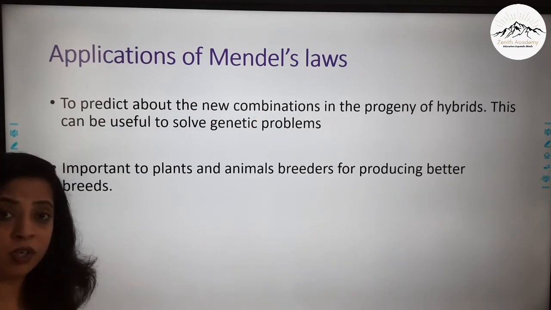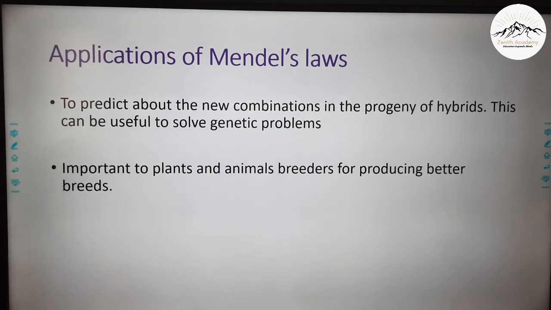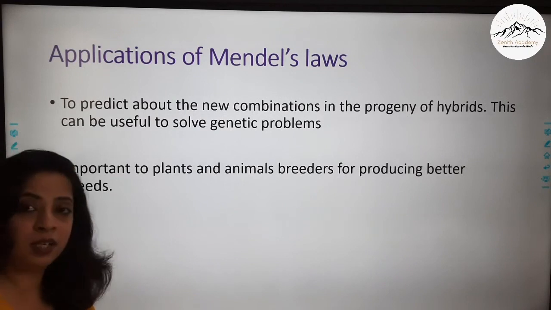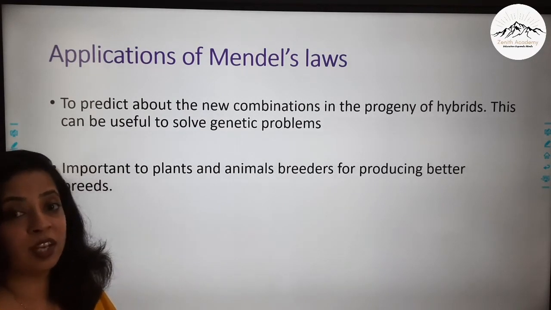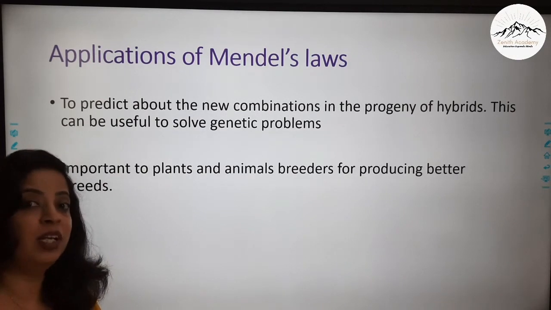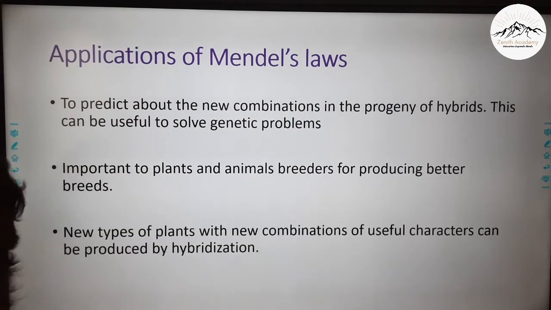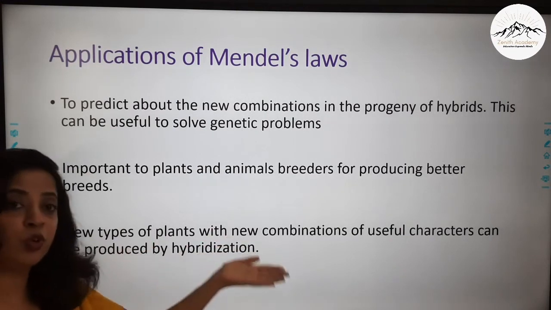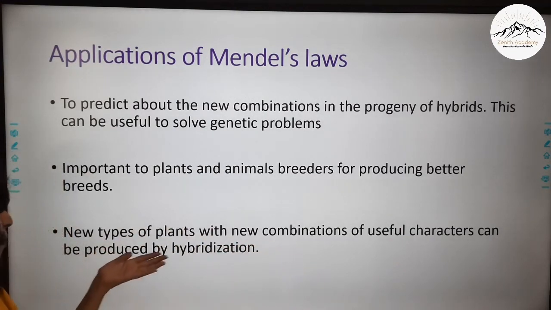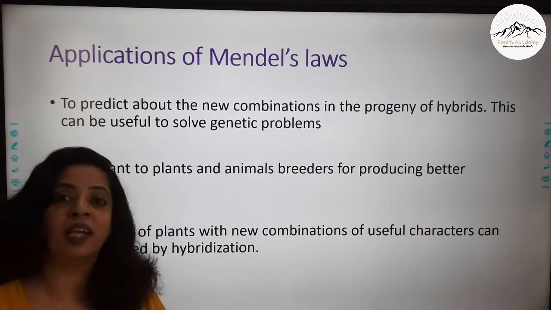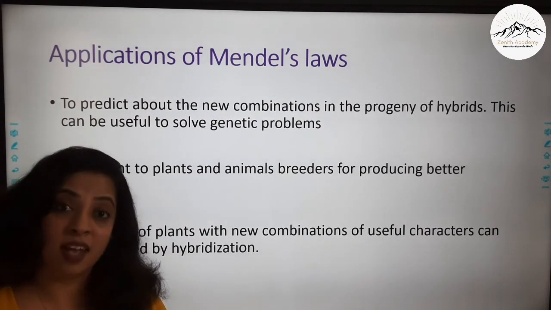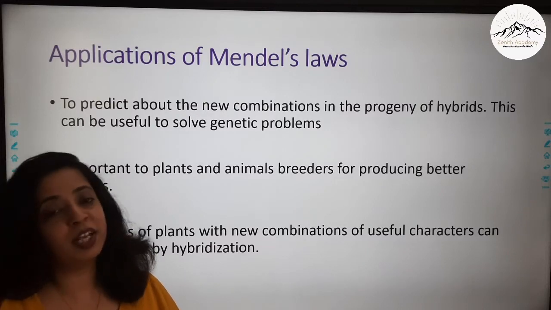It is also important to plant and animal breeders for producing better breeds, because if he understands all the laws very well, he will be able to breed perfectly. Hence new types of plants with new combinations of useful characters can be produced by hybridization. That is why the study of Mendelian laws, that is laws of inheritance, is very, very important and crucial.